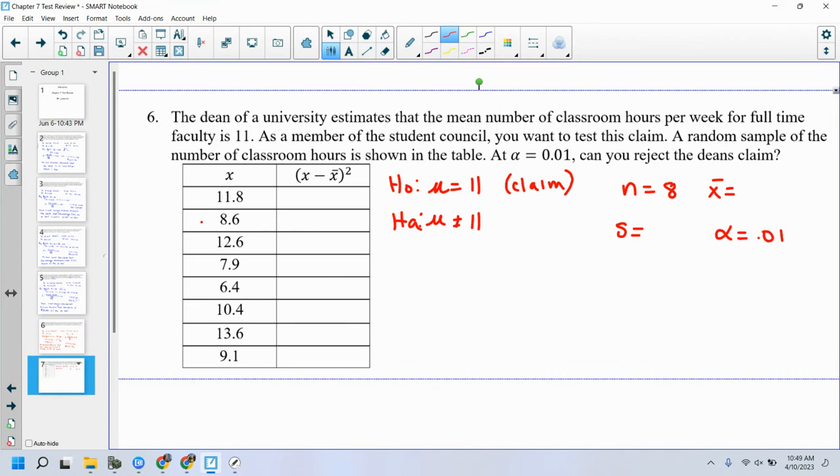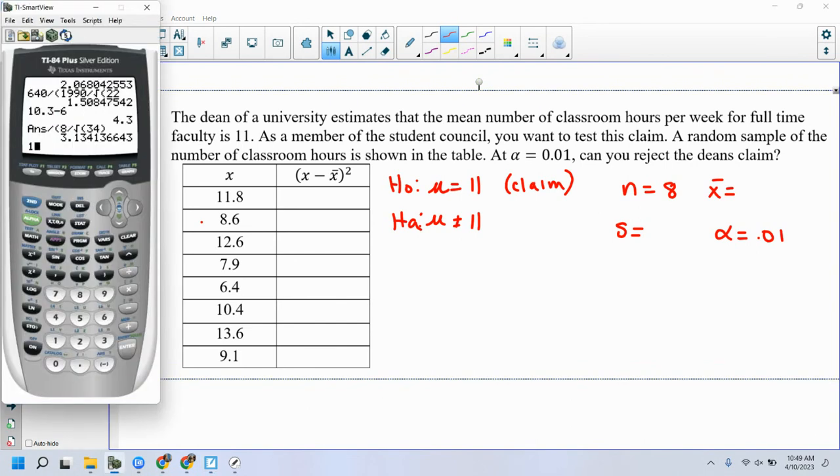Okay, and we know that this is going to be a t, right? First things first, I have to find my x bar. 11.8 plus 8.6 plus 12.6 plus 7.9 plus 6.4 plus 10.4 plus 13.6 plus 9.1 divided by 8.